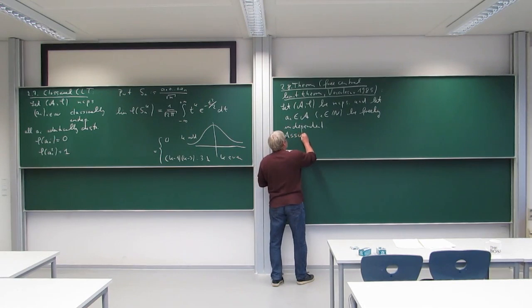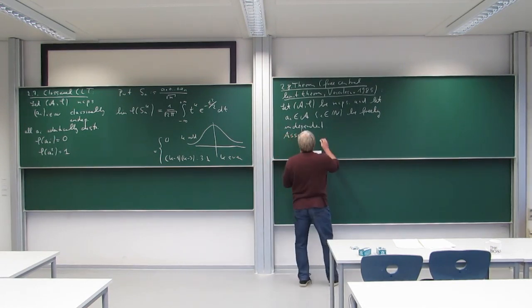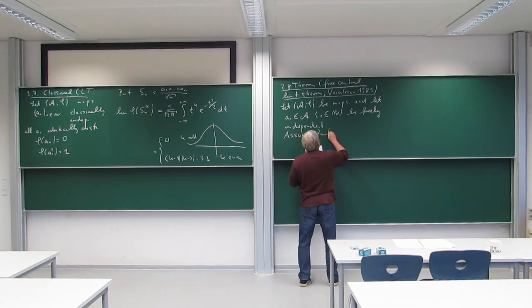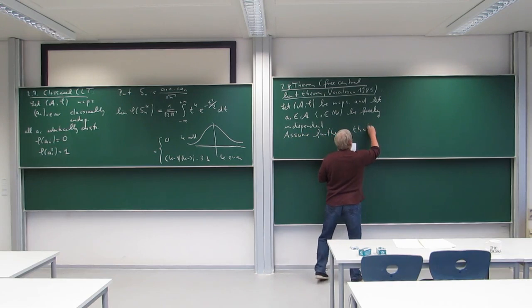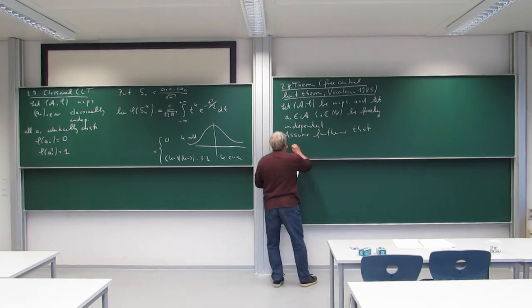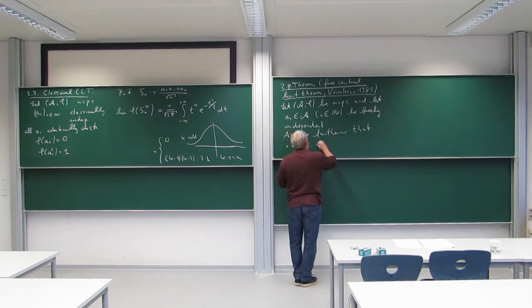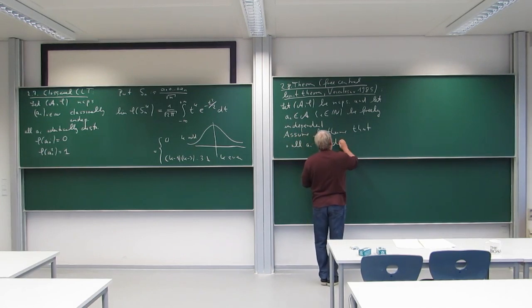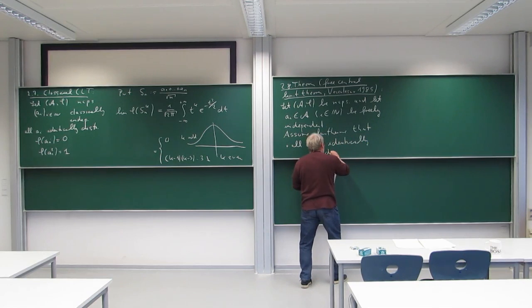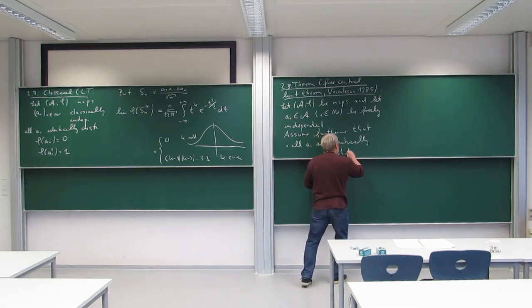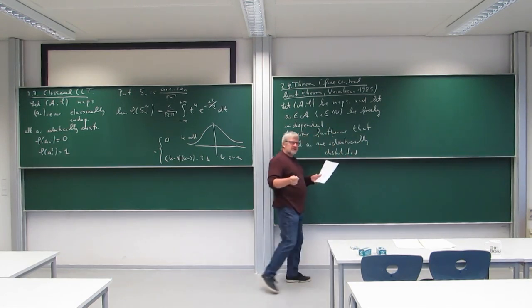So we assume they are identically distributed. That first of all the a_i are identically distributed, which means all their moments are the same.